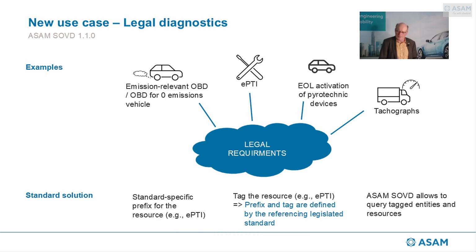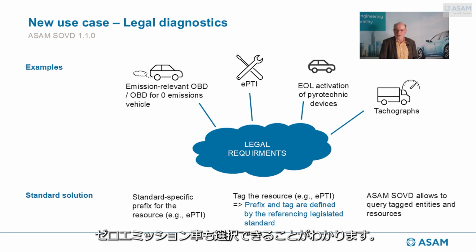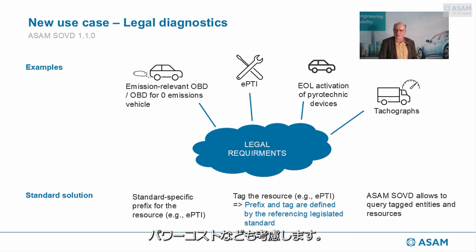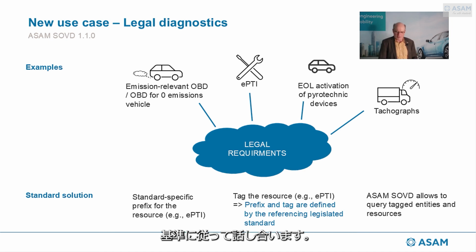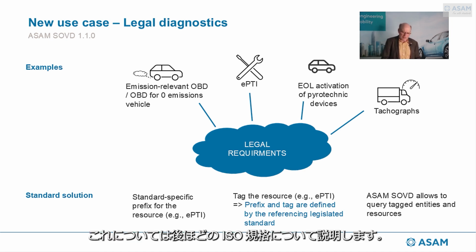And you see here that we have not only APTI, we also have OBD for zero emission vehicles, we have Taro class in mind, and so on. And ASAM will go to these authority bodies and speak with them after our standard, and we come to this later, is an ISO standard.